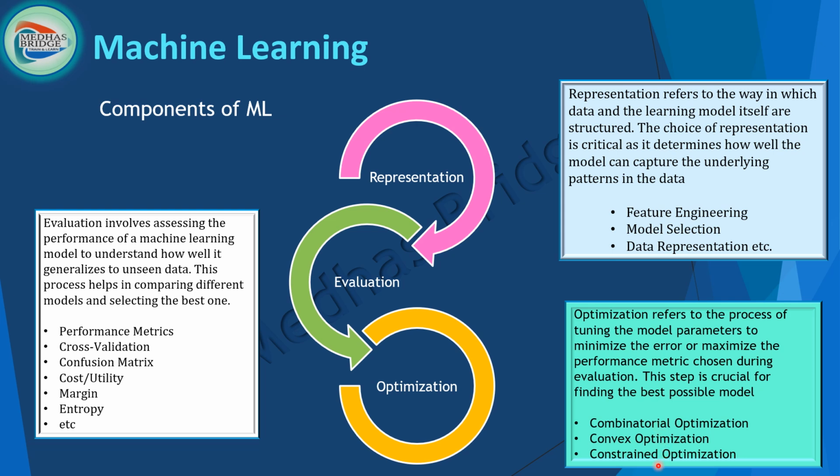Most frequently used optimization techniques are combinatorial optimization, convex optimization, constrained optimization. So in a nutshell, representation, evaluation, optimization are the three components of ML algorithms, which we see in each algorithm.